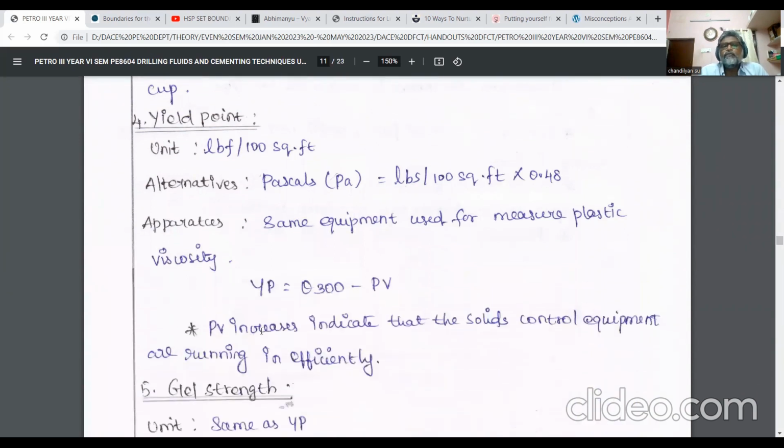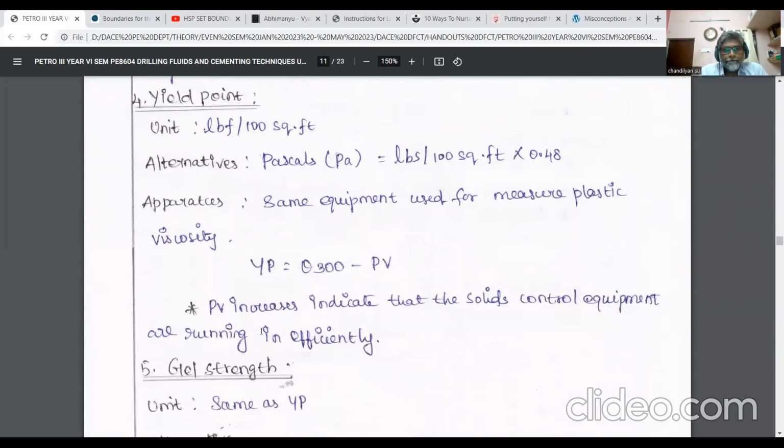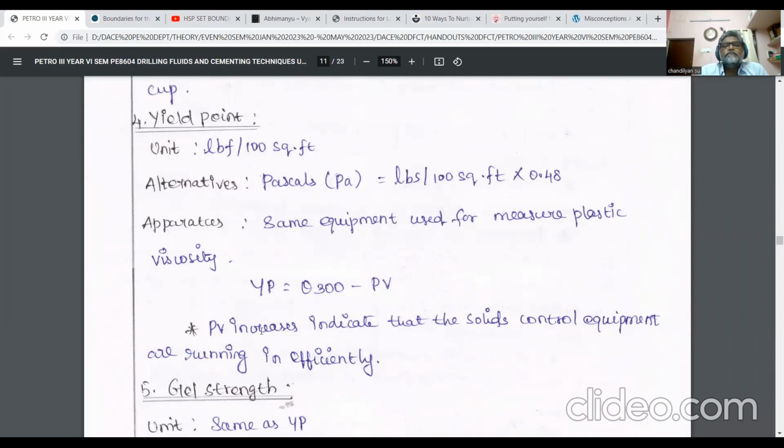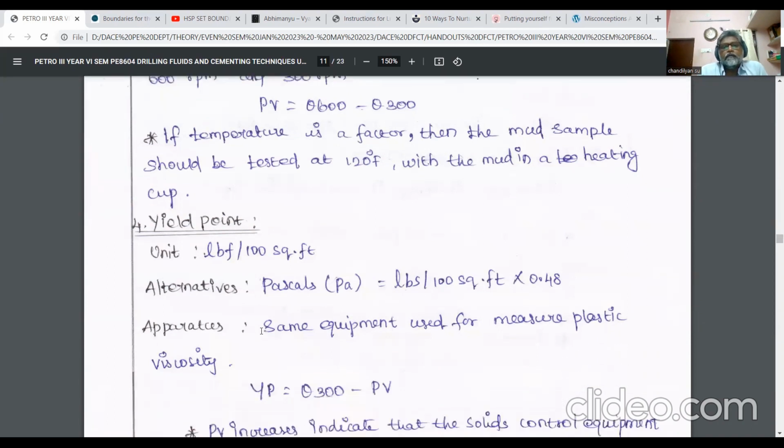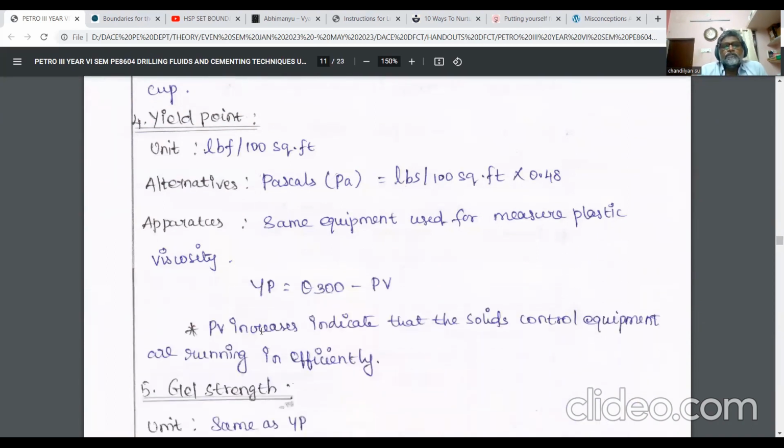What is yield point? It is the next property of the drilling fluid. The yield point unit is pound force per 100 square foot.